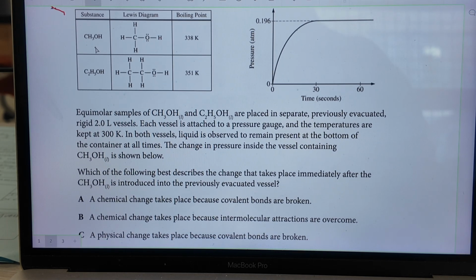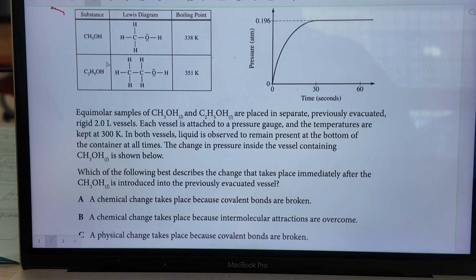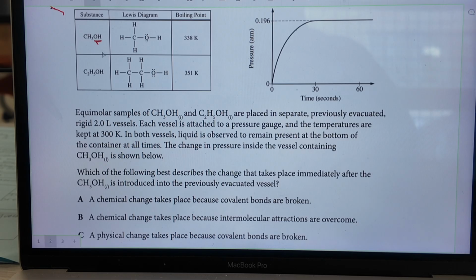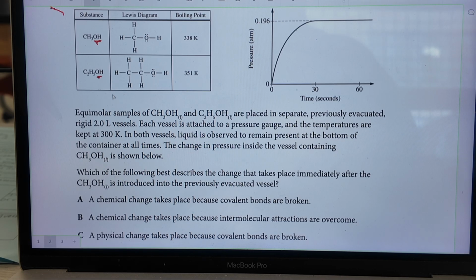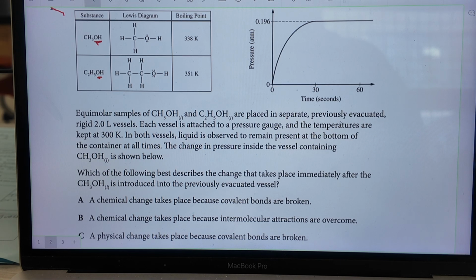Okay, here they show you two alcohols, right? Because they all end in OH. Equimolar samples of CH3OH and CH3CH2OH, right, C2H5OH, are placed in separate, previously evacuated rigid 2-liter vessels.